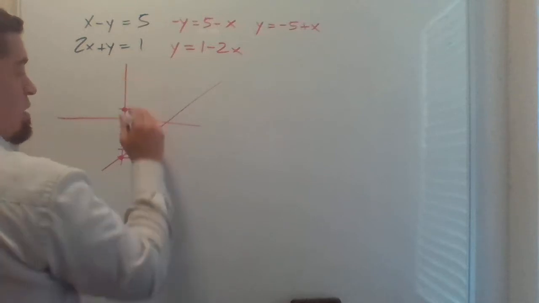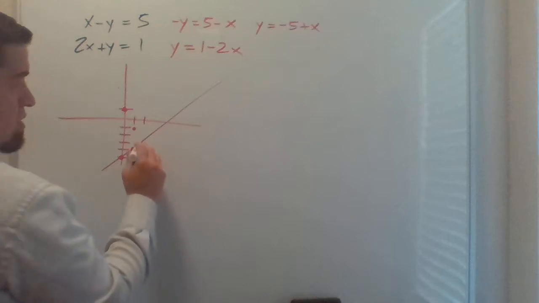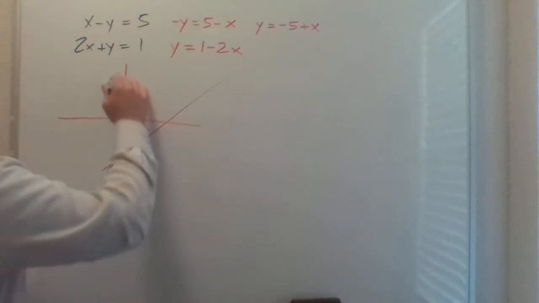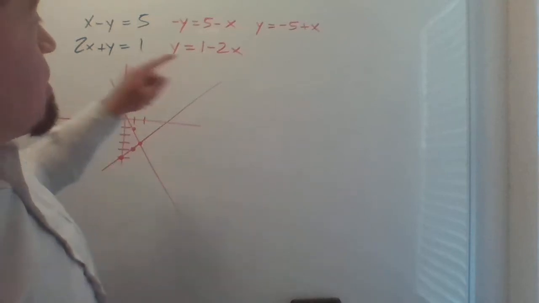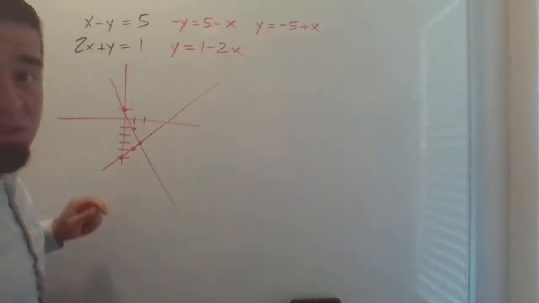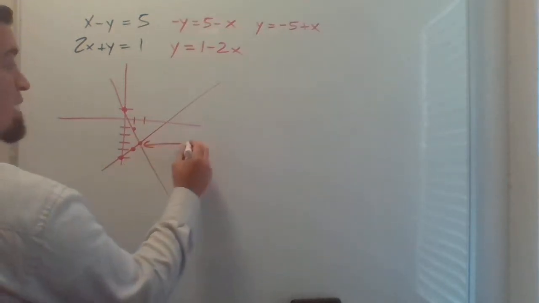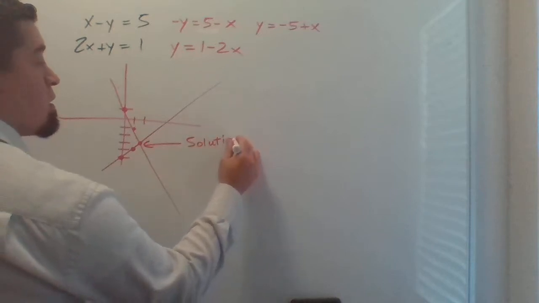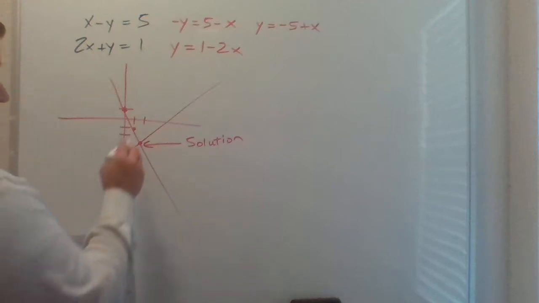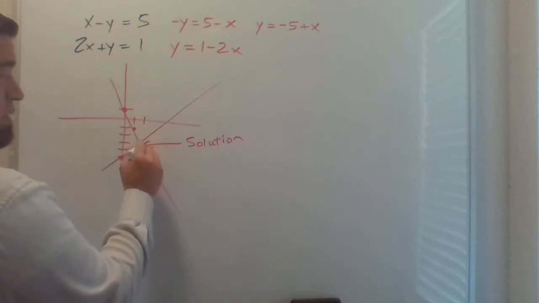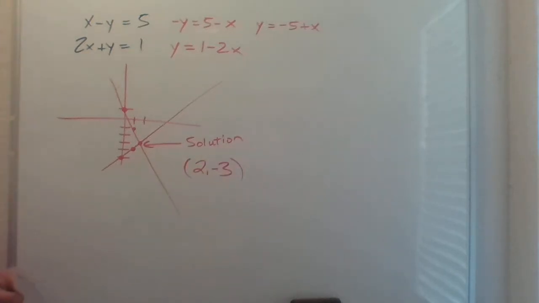You'll notice if I go down 2 over 1 again, I'll actually get a point on the other line, which is what I'm looking for, because the solution to a system of two equations will be the intersection. So that's the solution. Whatever that coordinate is, from the graph I can see it's 2, negative 3. That's how you find solutions graphically.